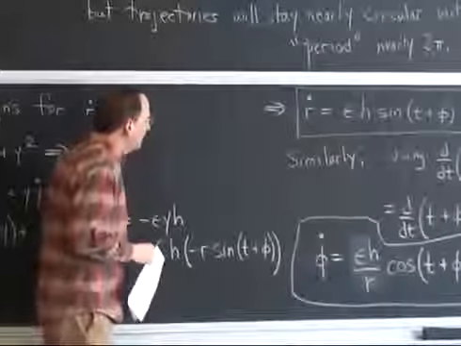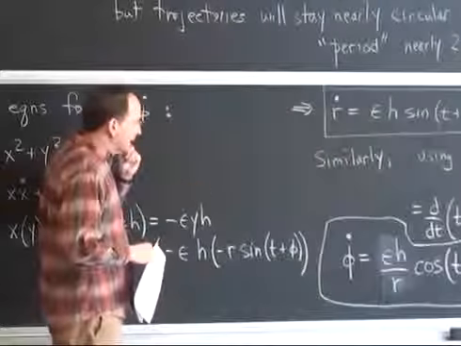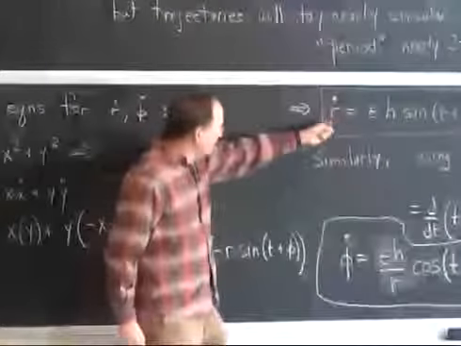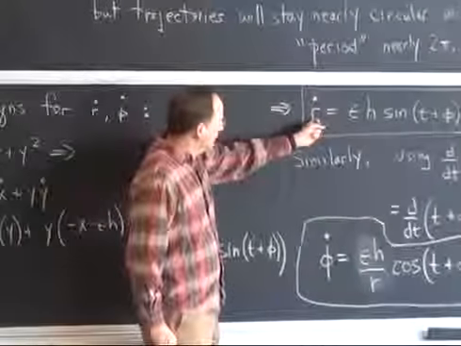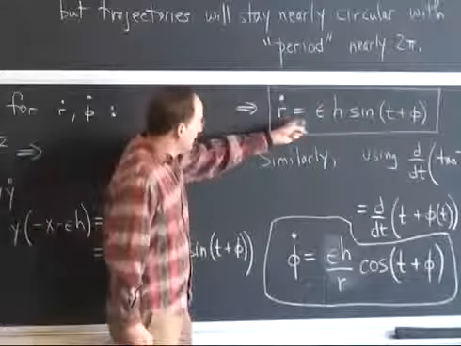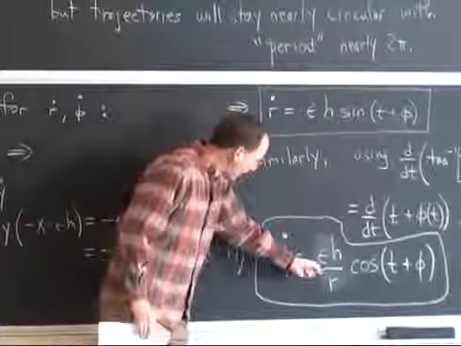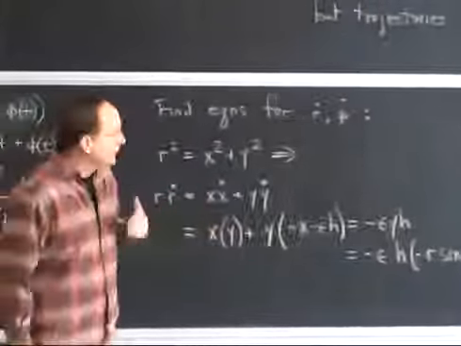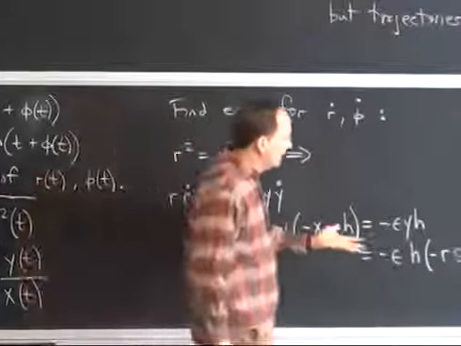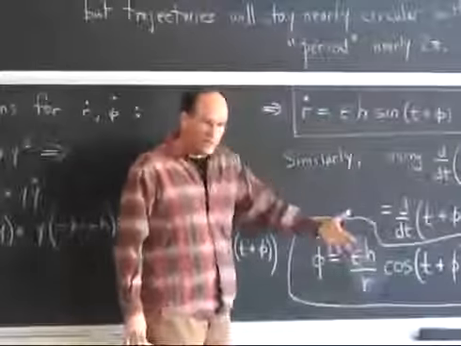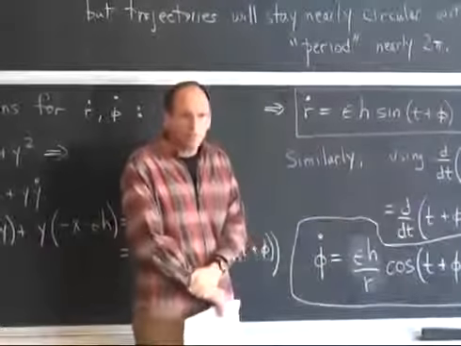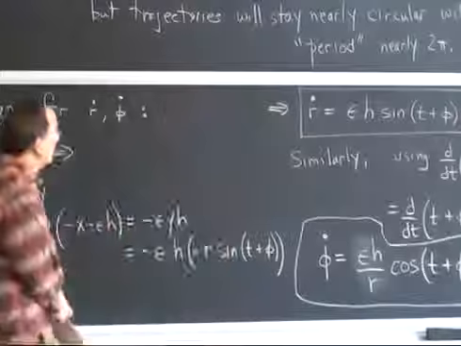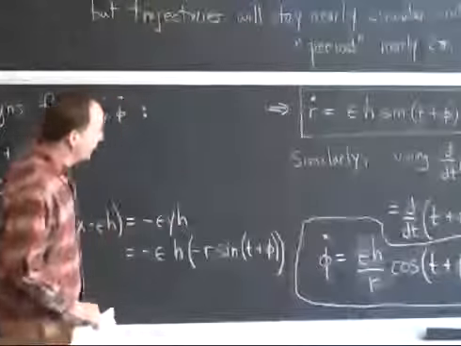Now, you can observe one thing that's nice about them. They are both order epsilon. It says r dot is epsilon times something, and phi dot is epsilon times something. And that should make sense to you, right? That's saying that r dot and phi dot are both very small, meaning they're changing slowly. R and phi are slowly evolving. That's what we said would happen based on the intuition earlier.